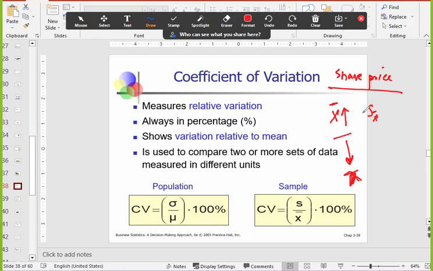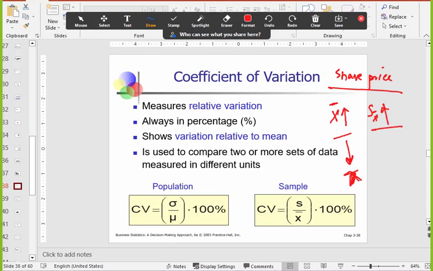On the other side, the other indicator is the standard deviation. If the standard deviation increases, it is an indicator that the risk will increase. So if you invest in the share price, what will happen? It is highly likely that you might end up with a loss.